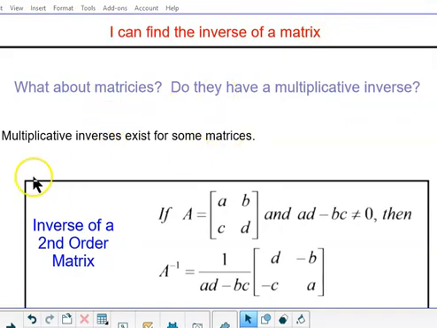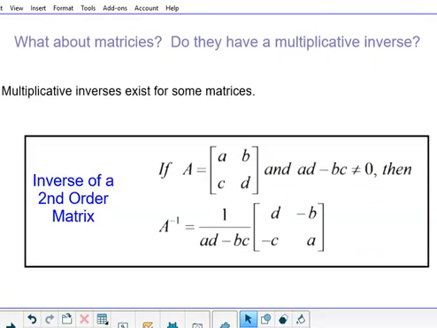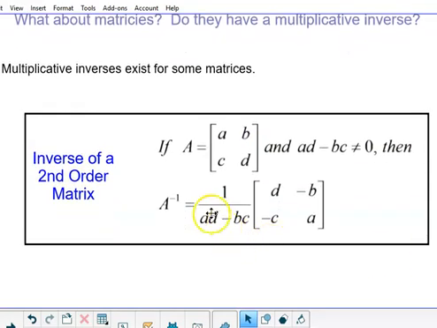So, multiplicative inverse of a matrix. The first thing it's saying is that if we find the determinant, if we go downs minus ups, AD minus CB, or BC, and we end up with 0, we're going to end up without an inverse matrix. The reason is because part of finding the inverse is putting 1 over the determinant.